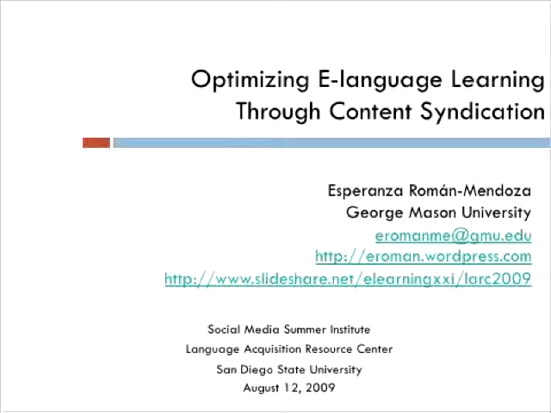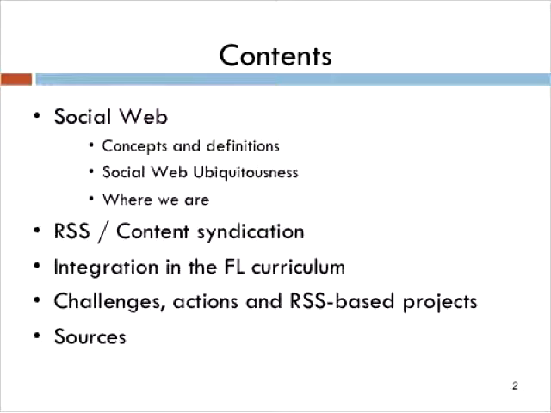The technology I'm focusing on today is known under different names, and the idea is to syndicate the information. So first, let me go to the first slide so you can see what I'm going to do. I'm going to review a little bit again the concept of the social web or Web 2.0, so you can see where I am.